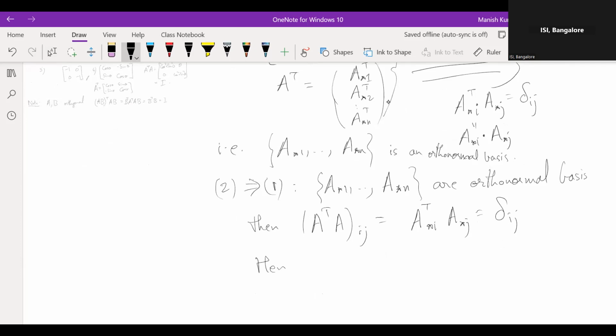So the dot product is precisely A star i transpose A star j, and hence this tells you that A transpose A is the identity.